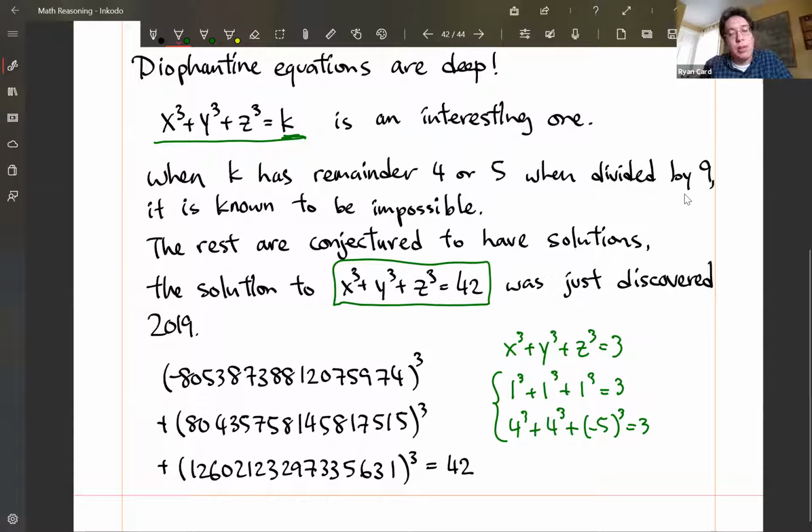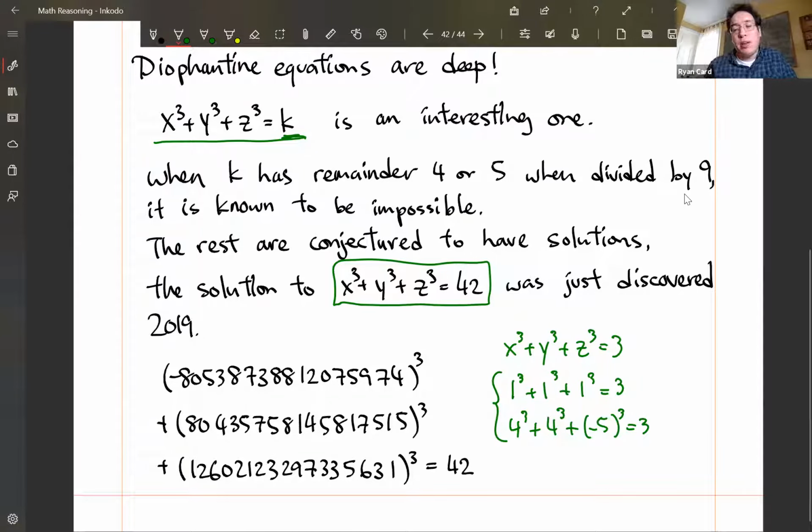And some people wondered if these two were the only solutions to this problem. But last year, they found another solution. I think the solution involved 21-digit numbers. So it's extremely rare to find these.